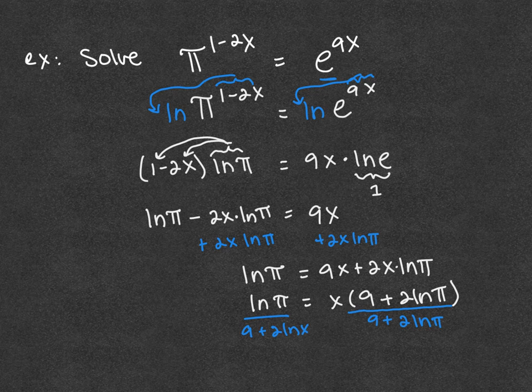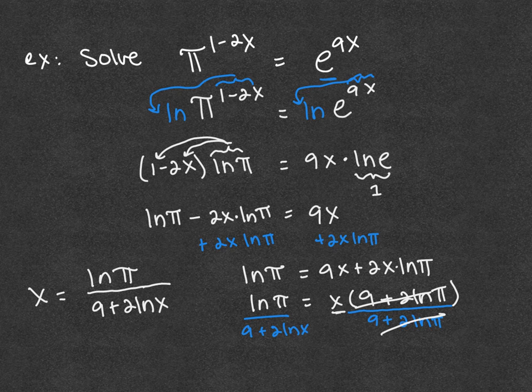So what we get is that these guys cancel out, and so now x is all alone. And so x is equal to the natural log of pi divided by 9 plus 2 times the natural log of pi. Again, this is our exact solution. If we plug this expression into a calculator, we can get our approximate or decimal solution, which is 0.101 if we take it to 3 decimals.